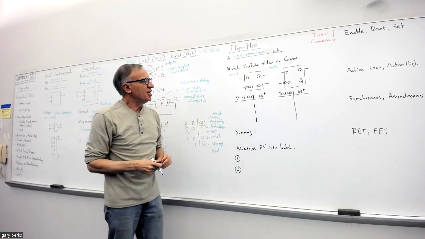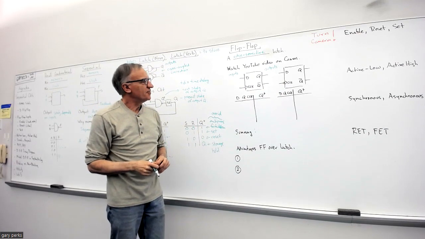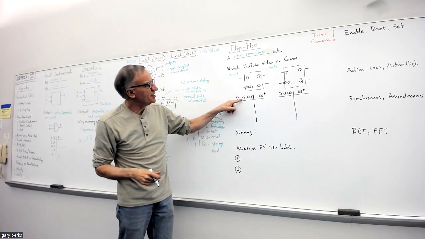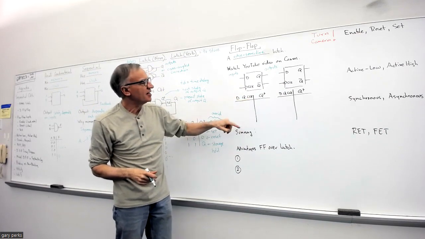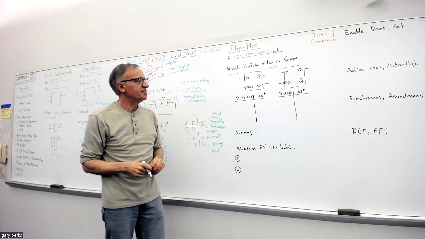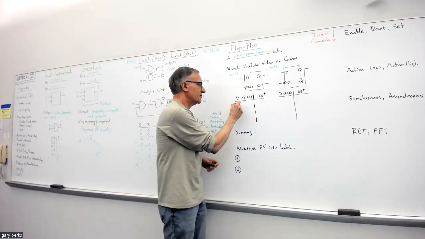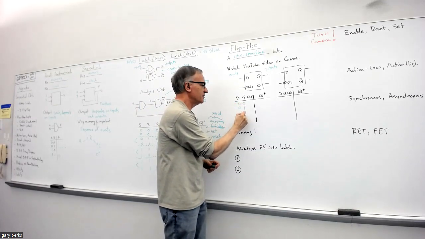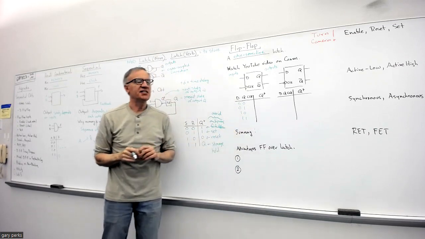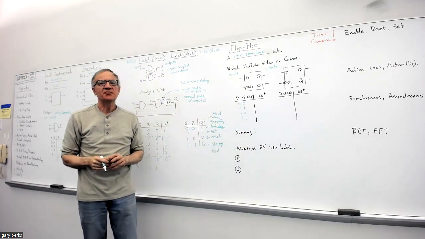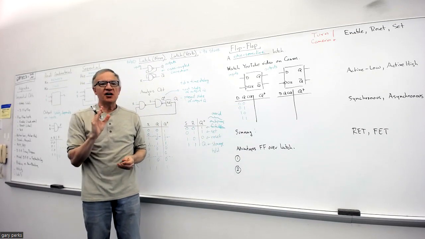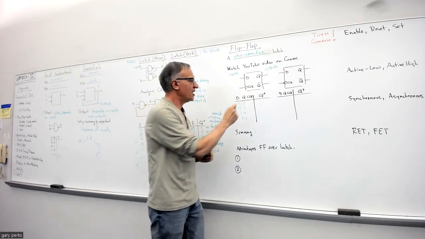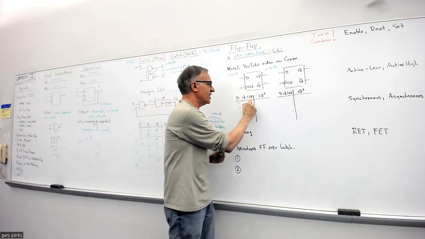But let's look at the truth tables for this D flip-flop. We've got three inputs here in the truth table: the D input, the present state of Q, and then the clock. And then the output is the next state of Q. So we can have 4 combinations of D and Q. Because this is what we call edge sensitive, for this type of D flip-flop, the clock input is represented with an arrow going up.